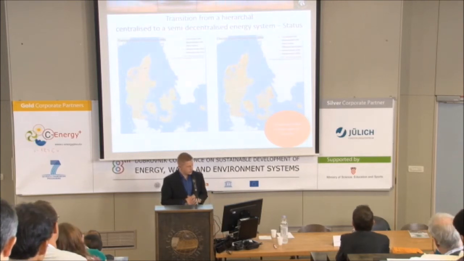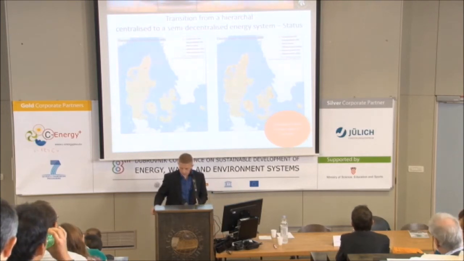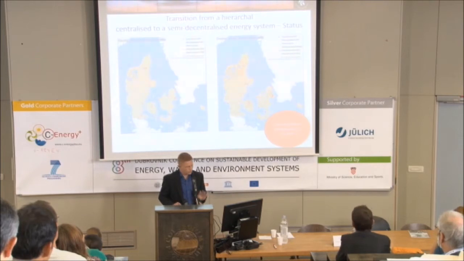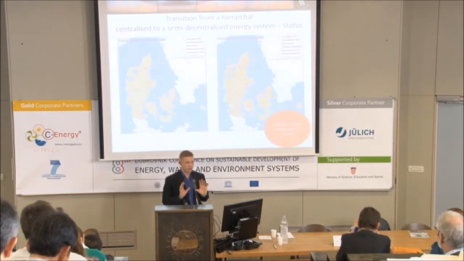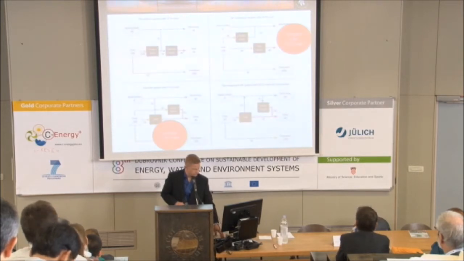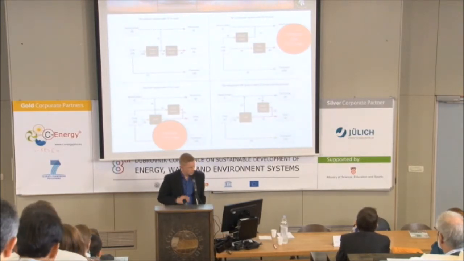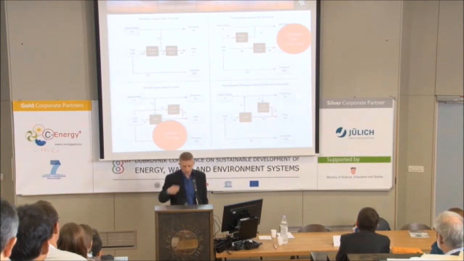Of course, it's not only the CHP plants that are the cause of the constant primary energy supply, but they have a major role, as I showed you in the principal diagrams before. But let's go back to the four principal diagrams where we now have introduced these 25% wind.